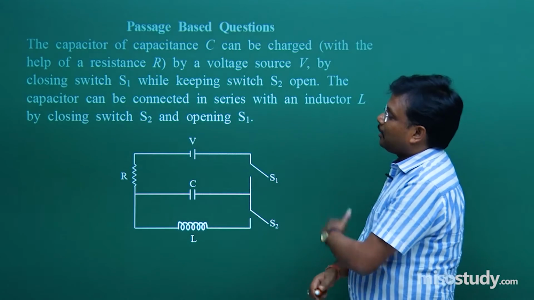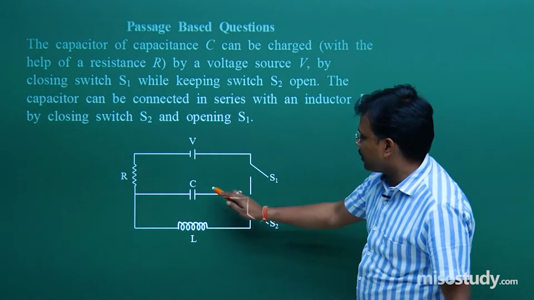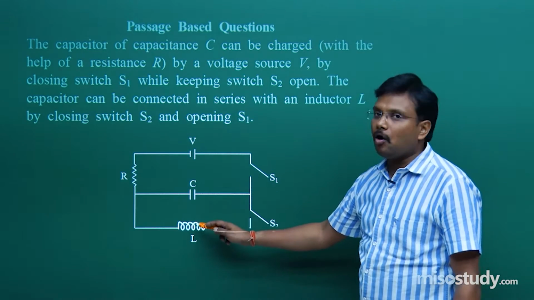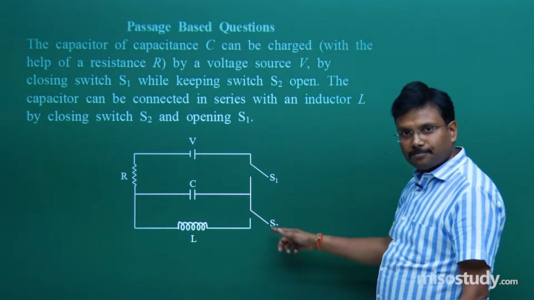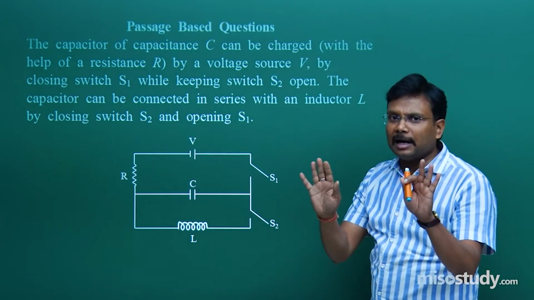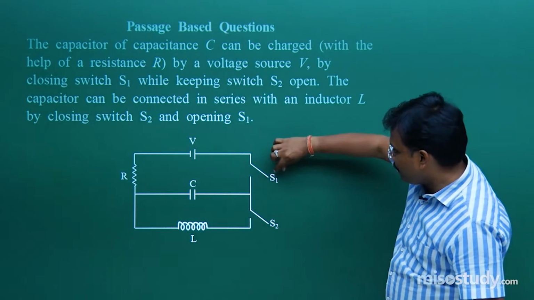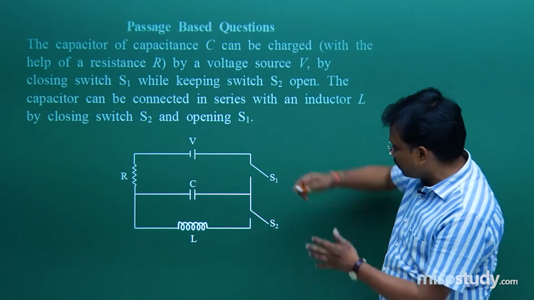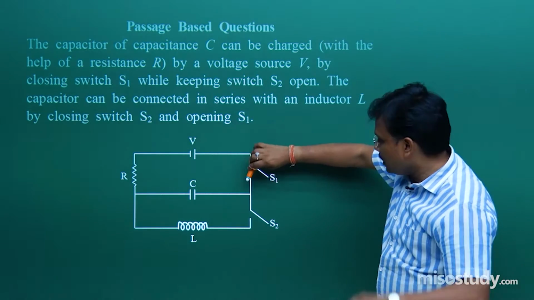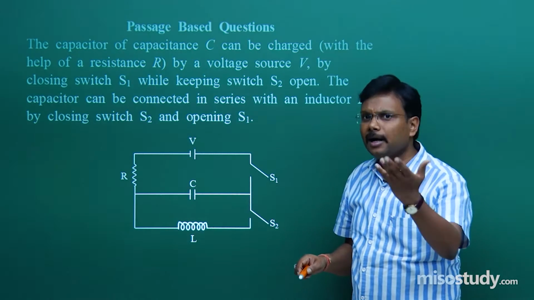Here is the paragraph. Basically, one is a source. First let me explain the diagram. Then there is a capacitor, a resistor and an inductor or a coil, and 2 switches, S1 and S2. What is mentioned over here, for the time being I have nothing to do with that. Let's try to understand from this diagram. If I close S1, this first half will start conducting current.